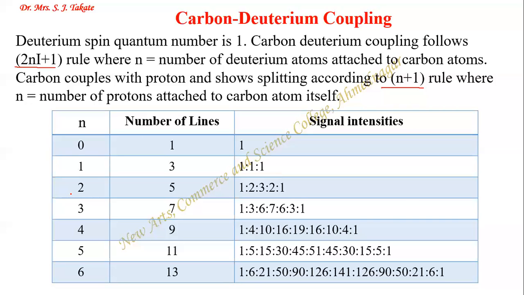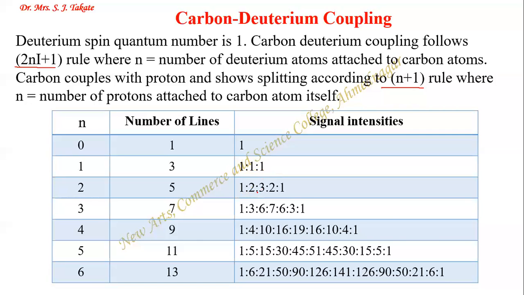Now if I have two deuteriums, how will I remember? The first one is always one for each signal. Then I have to add 1 plus 1, the previous signal intensities, which is 2. Then we add all three intensities of the previous signal, 1 plus 1 plus 1, which is 3.